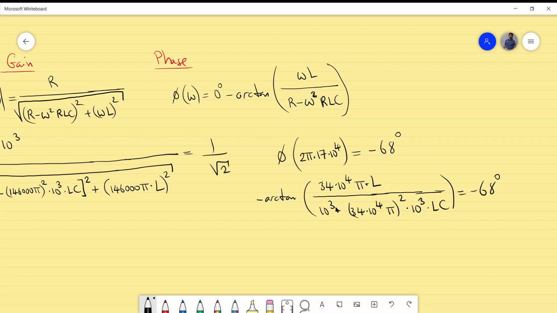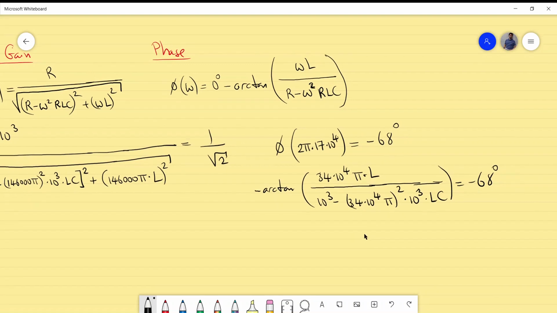As you can see, I have this R, this omega here squared, I have the R here, L and C are unknown, and also the L here is unknown.